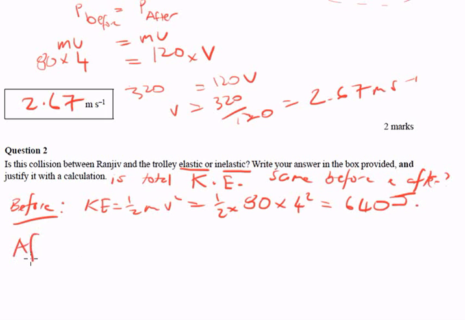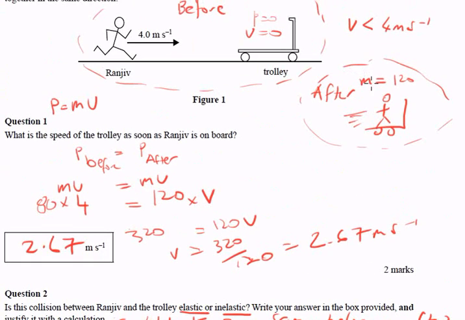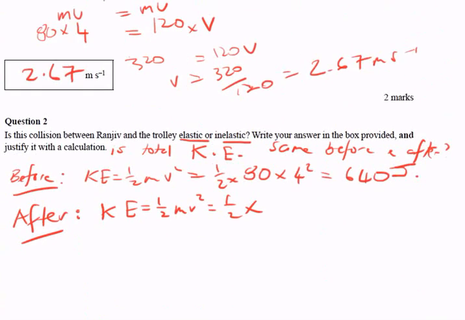And after, the kinetic energy equals a half mv squared, and that equals a half times, what's the mass of the whole system now? 120. And the velocity is what we worked out, 2.67 squared.